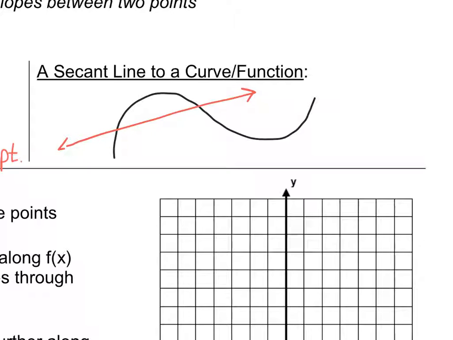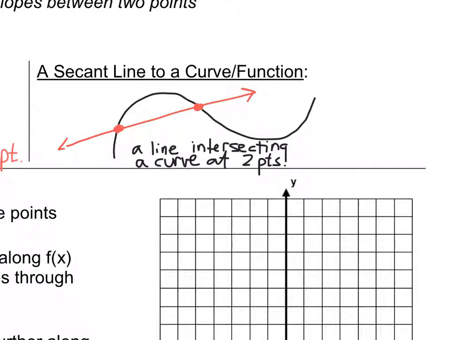So for a function, it's the same general idea, but obviously for any curve, not just a circle. All right, so a line intersecting a curve at 2 points.